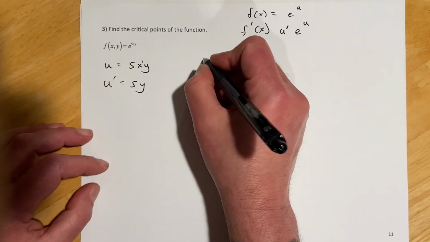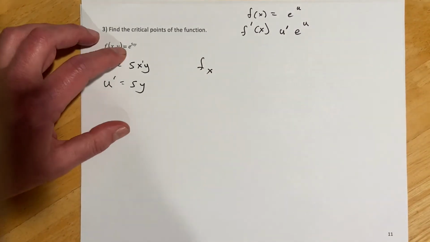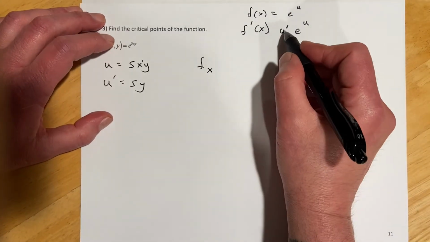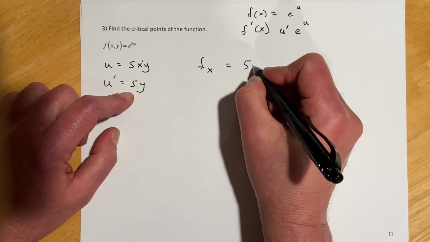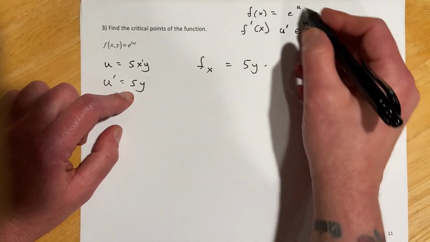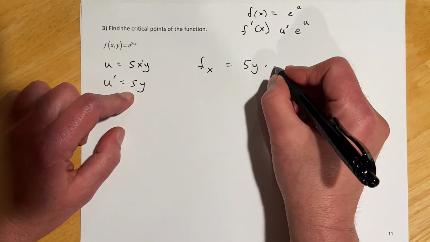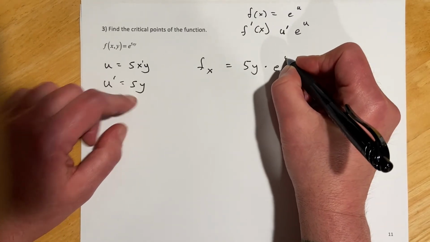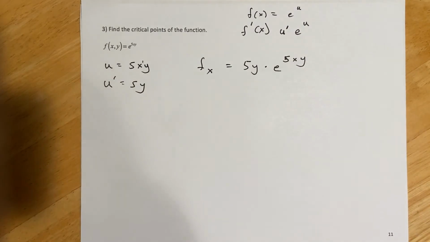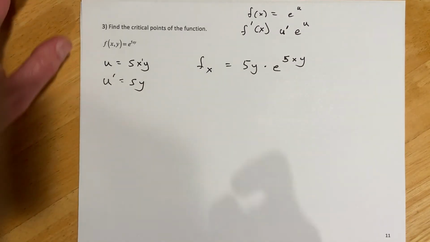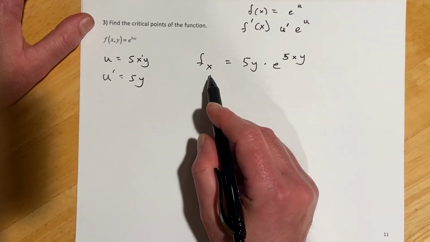And then taking the derivative, I will have u prime, so 5y, times the original function, with the u filled back in. So that would be my derivative with respect to x.